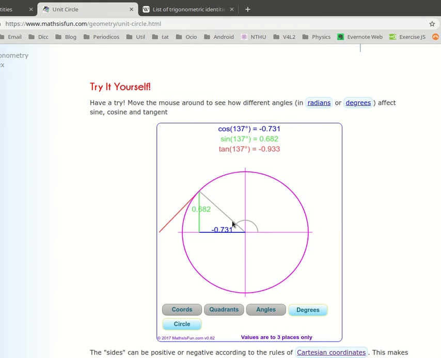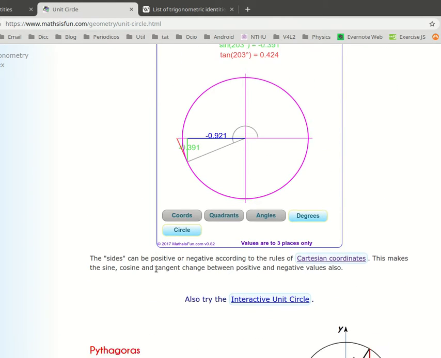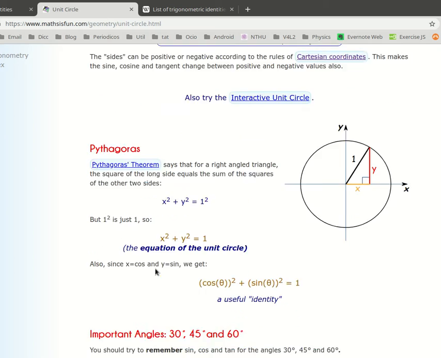In here you have 150: the sine is positive, but the cosine is negative. And here, at 210, the cosine and the sine are both negative. So you can play around with this and see how the angle changes.